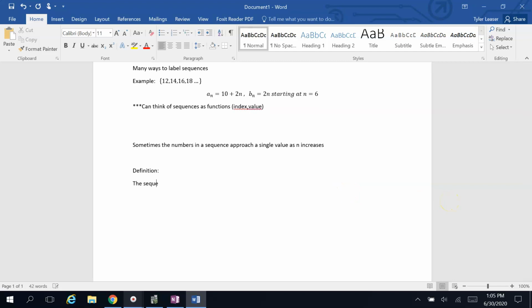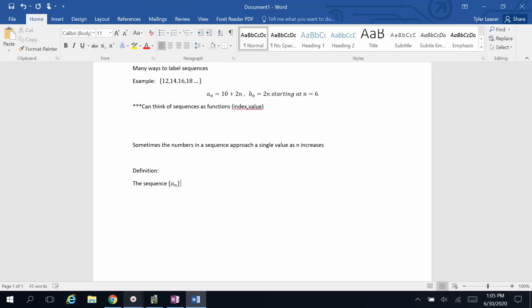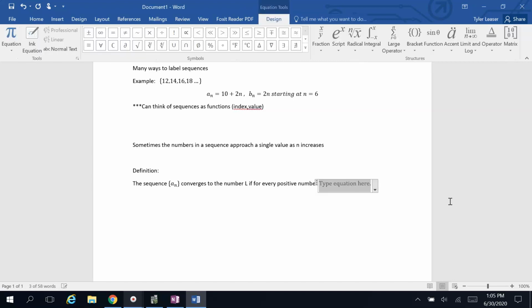The sequence a sub n converges to the number L if for every positive number, and this next thing is what's called an epsilon. It's kind of a funny looking E. It's this.